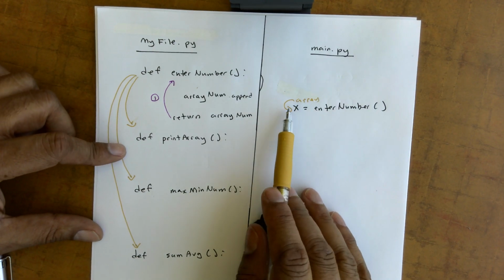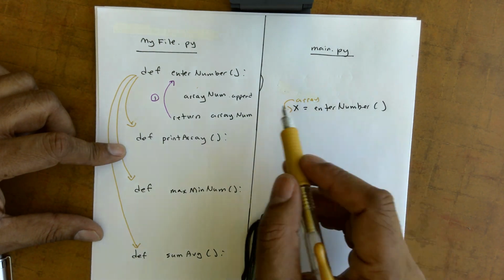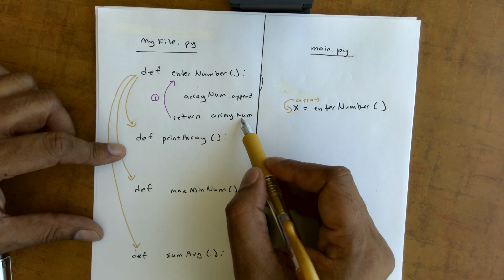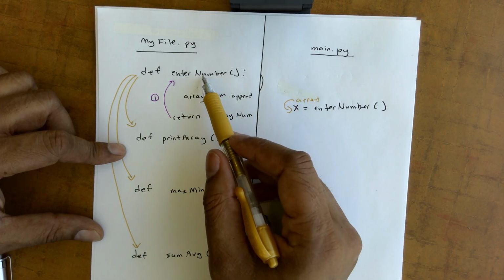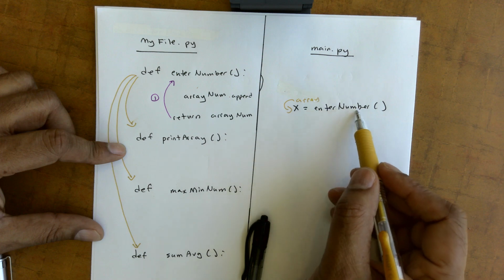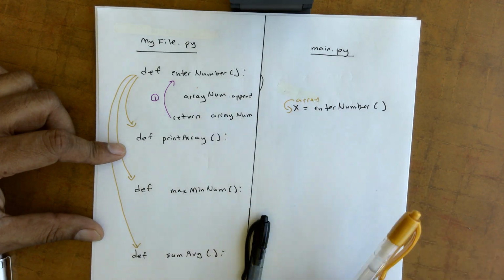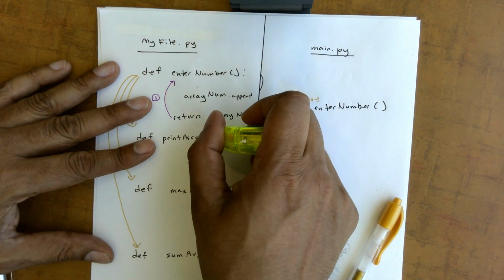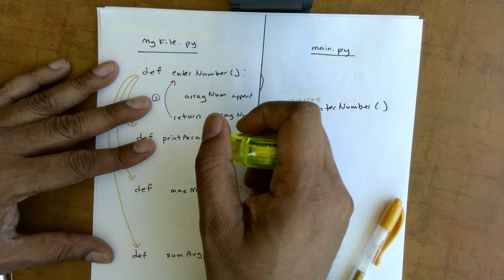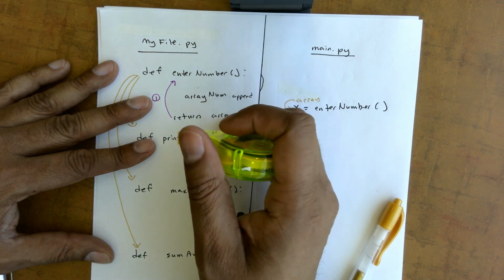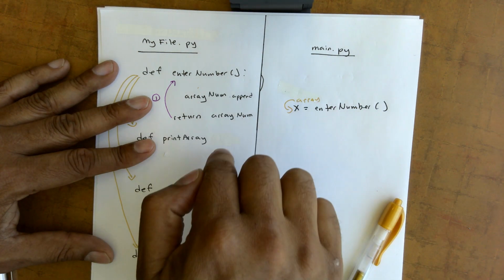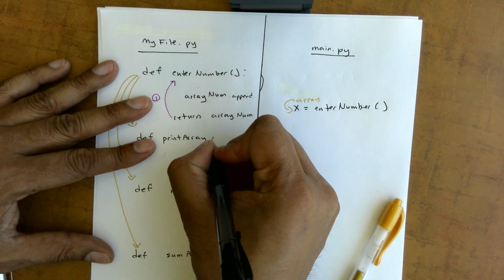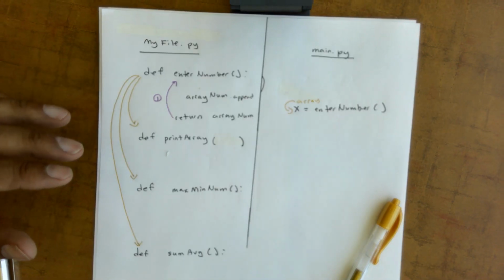Okay, so what do we do? And so the array num, which is the array, is that value, and now this is enter numbers, which is equal to x. But I have to use, let's say on the print, I have to be able to use that. I have to use that array to print the array, right? So I need to bring this array here. How do I do that? I do the following, okay?